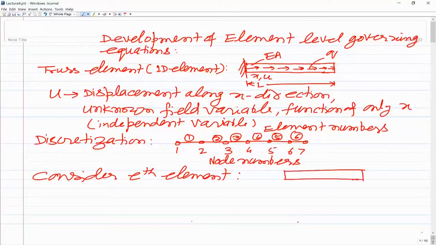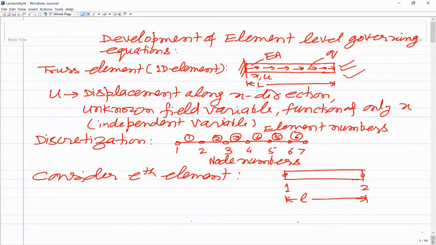This is not the entire structure shown here, only one particular element. It is defined between nodes, so we have connecting nodes 1 and 2, and the length of the element is, let us say, small l. Obviously, when you discretize the rod into n number of elements, the element length small l is equal to capital L divided by the number of elements.